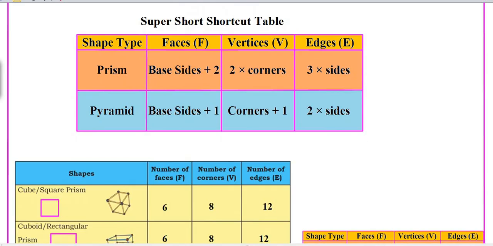Now I want to give a super shortcut table for identifying the number of faces, vertices and edges. This is a simple formula for the prism. A prism means the top and bottom are in the form of the same shape. For finding the faces, we take the base: number of sides of the base plus 2 gives the number of faces.